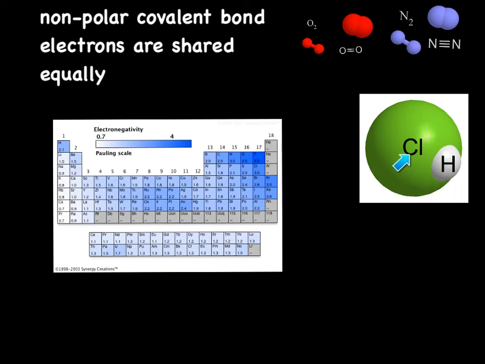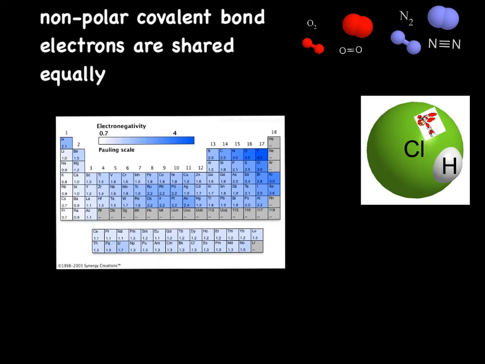And so chlorine is really hanging on to the shared electrons that it's sharing with this hydrogen. Since chlorine has a greater attraction for that shared pair of electrons, it forms a dipole.